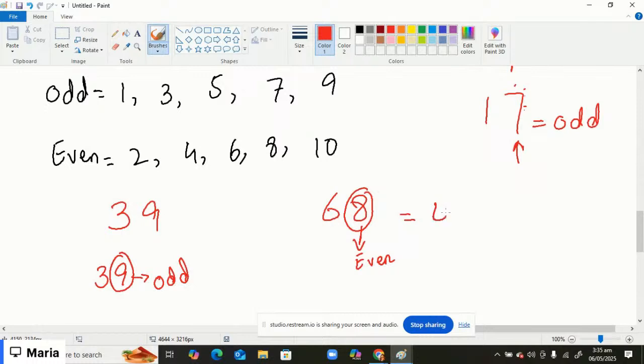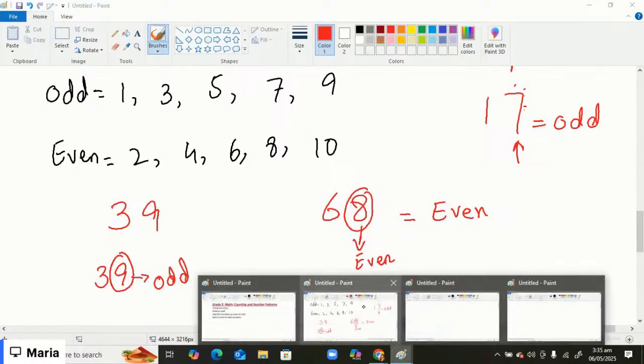So this one is even. Okay, so which pair is even? That is here. Now let's start the test questions.